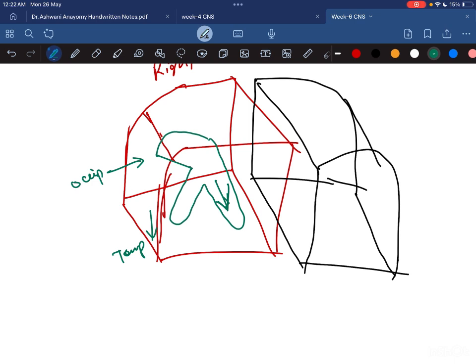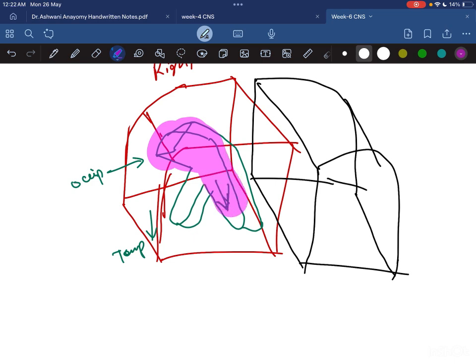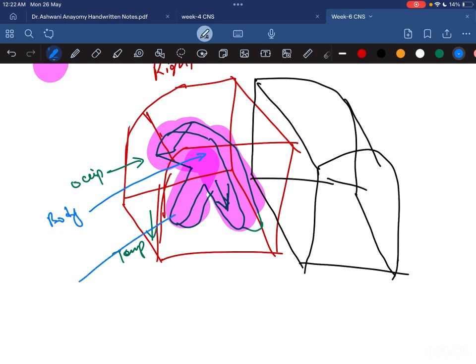When it is drawn as a 3D image, it looks this way. This part is the body, and this part goes into the temporal lobe.